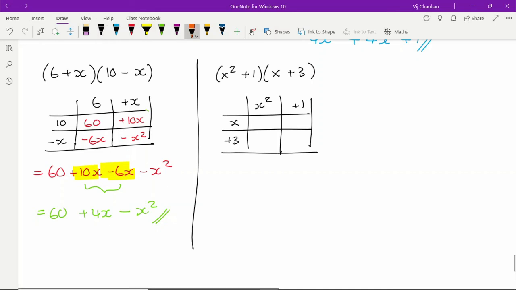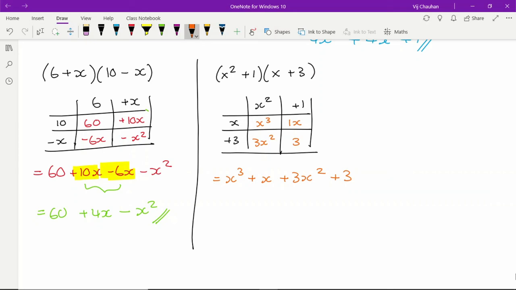So here I've got x times x squared, which gives me x cubed, x times 1, which gives me 1x, 3 times x squared, which gives me 3x squared, and 3 times 1, which gives me 3. Now if I write those things out, I've got x cubed plus 1x plus 3x squared plus 3.